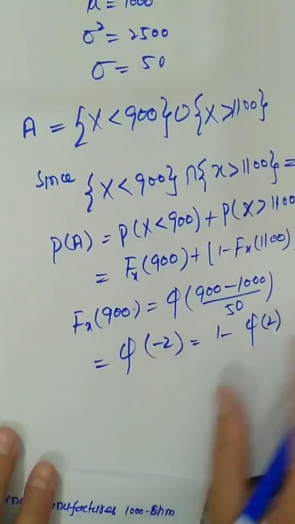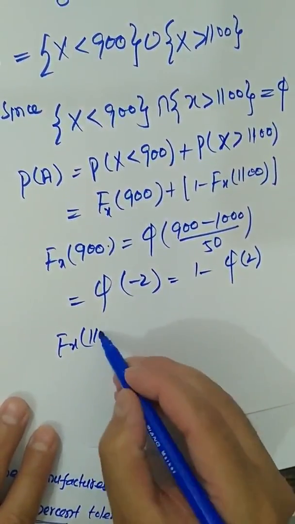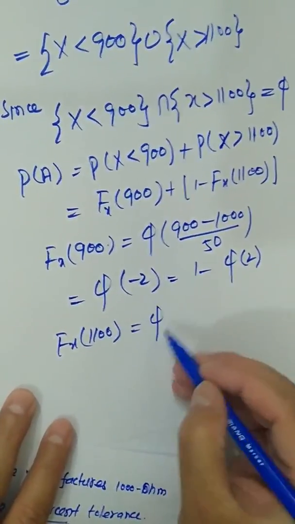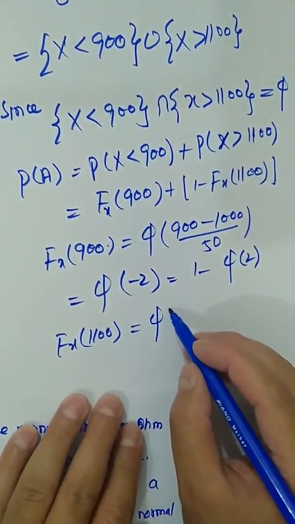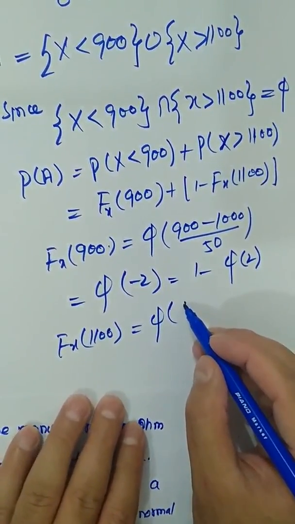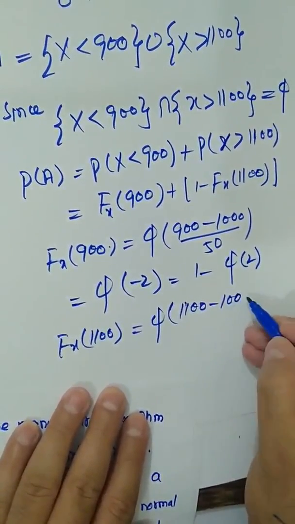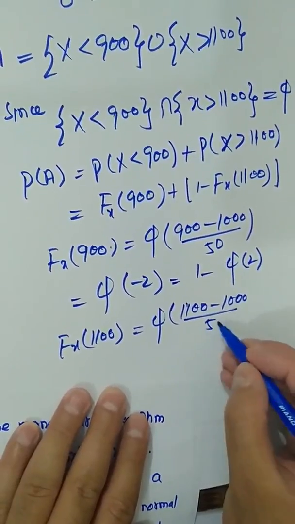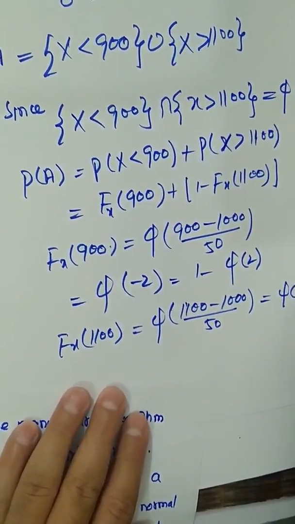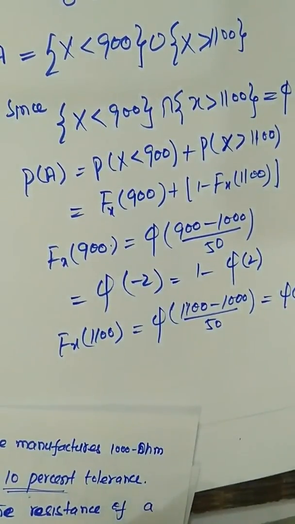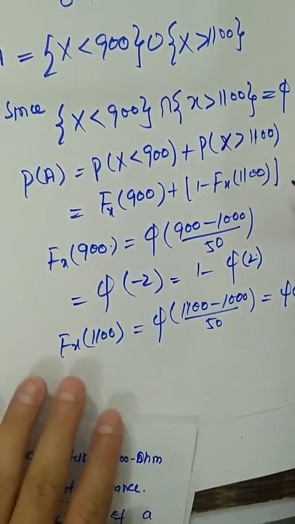For the CDF F of x at 1100, I change into standard normal distribution: 1100 minus 1000 divided by 50, that is phi of 2.